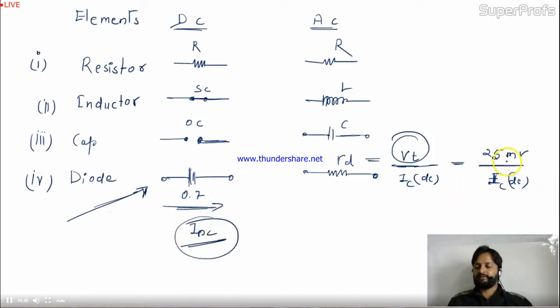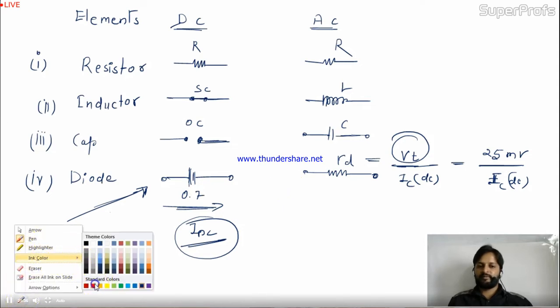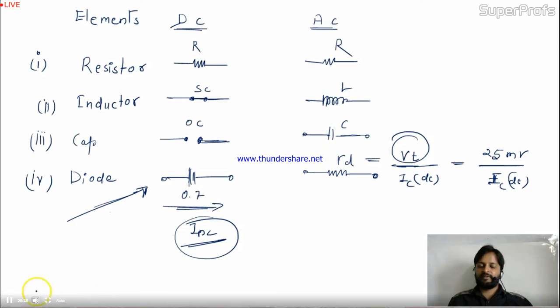You divide 25 millivolts by that current, so you will get RD. This is a very important concept. Please remember it always: for the AC circuit, the diode acts like a resistor.